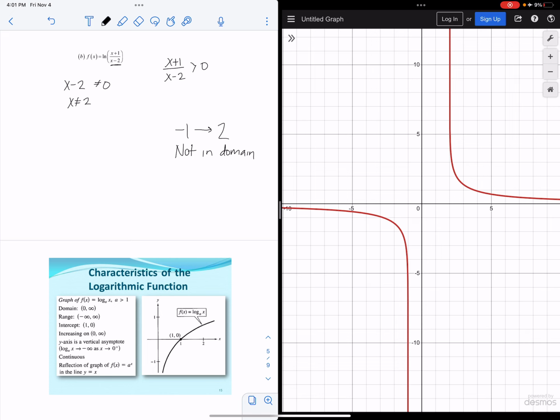So we can write that like negative infinity all the way up to -1, and then from 2 to positive infinity. And in order to bring these two pieces together, we use the union sign. So it's combining these two things. We have from negative infinity up to -1, and also from 2 to positive infinity. And that is our domain for this one.